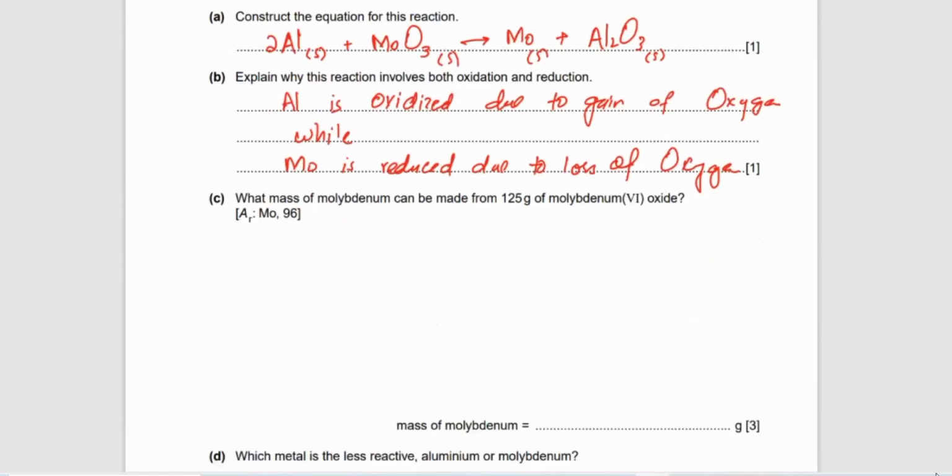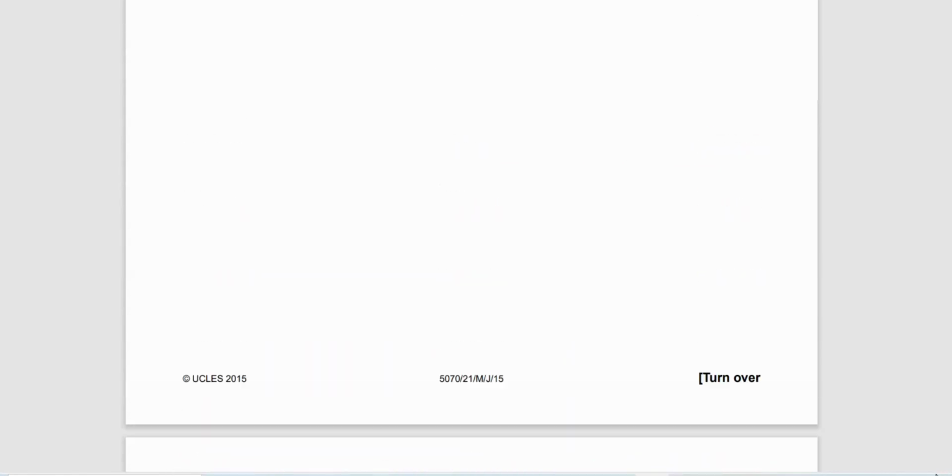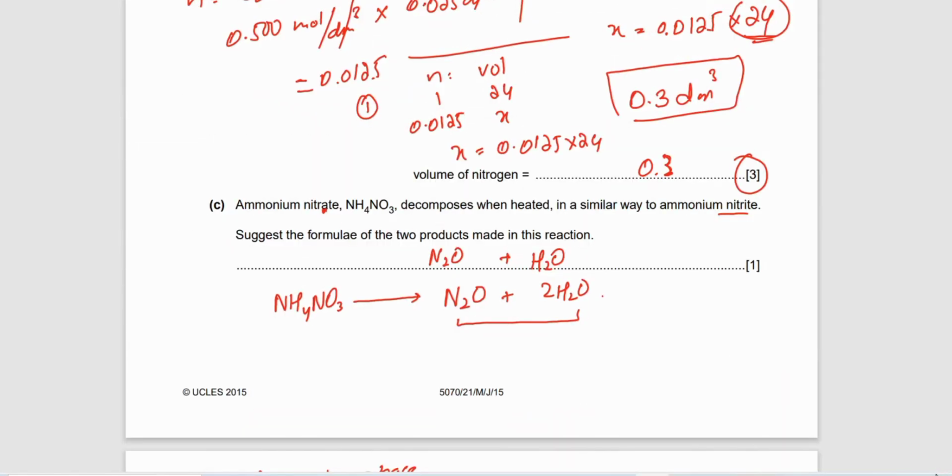What is the mass of molybdenum that can be made from 125 gram of molybdenum oxide? Okay, what is the mass of molybdenum oxide, MoO3? So 96 plus 3 multiplied by 16, it becomes 48 plus 96, it becomes 144 for molybdenum oxide.